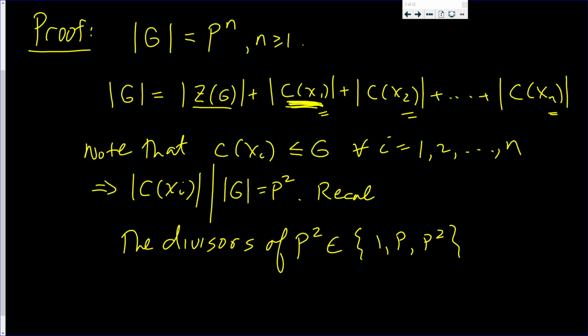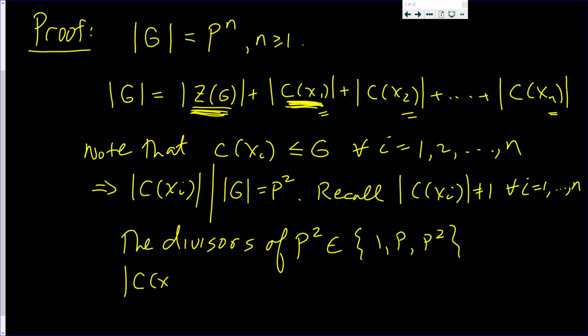Okay, recall that the order of C of xi is not equal to 1 for all i from 1 to n. If their order was 1, then they'd be in the center. So we know that the order of C of xi must be either p or p squared, because it's not 1.